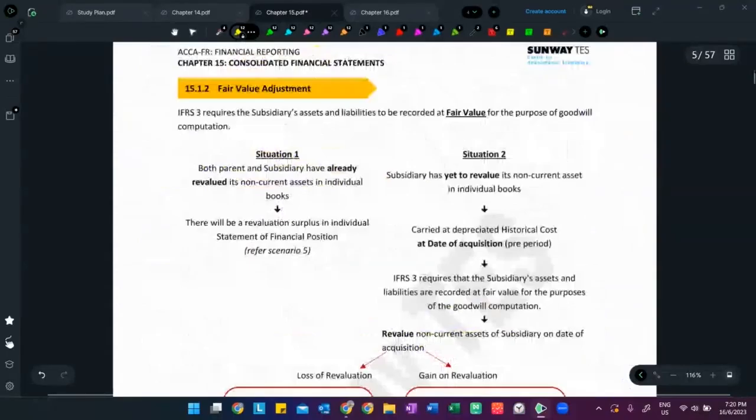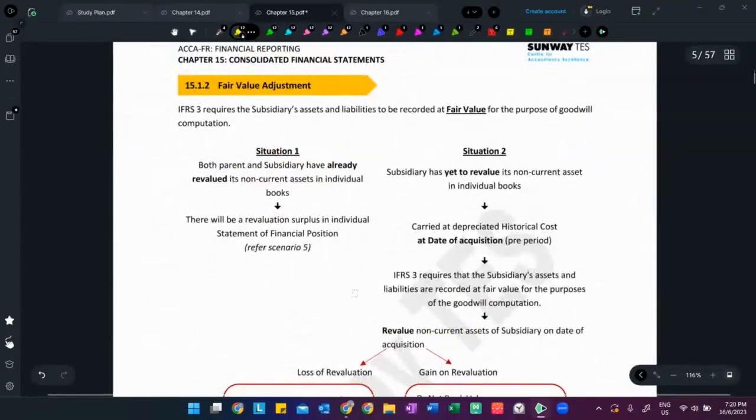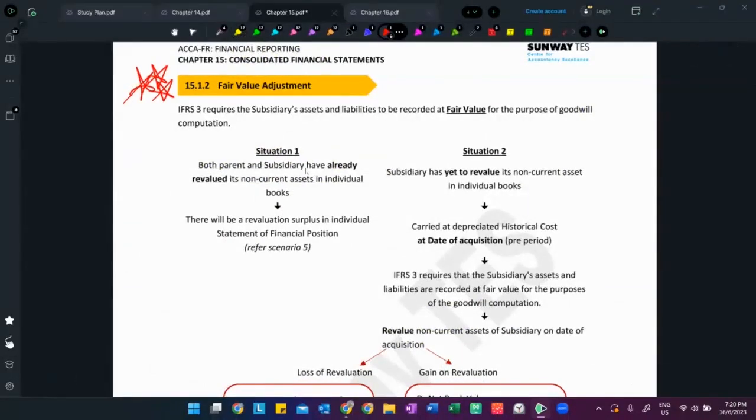Now we'll move on to look at the consolidation adjustments. The first one is one of the very important adjustments: the fair value adjustment. Why do we have this adjustment? Because of the golden rule I mentioned earlier in IFRS 3: the subsidiary's assets and liabilities must be recorded at fair value for the purpose of goodwill computation, and this is the fair value at the date of acquisition.